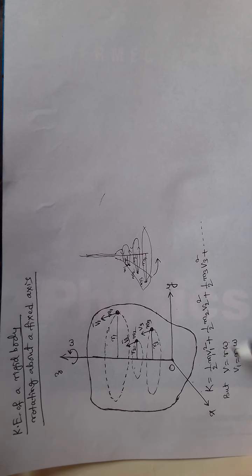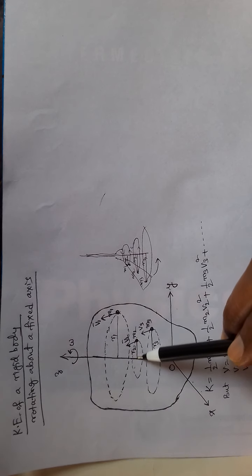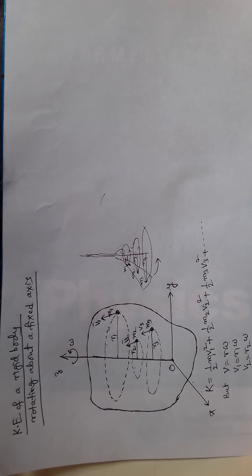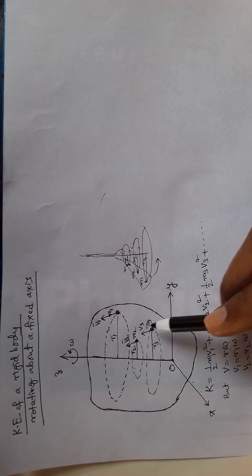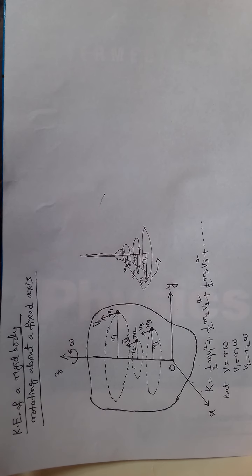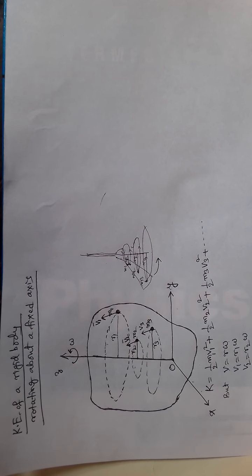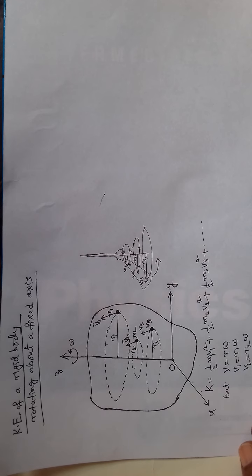Now, v2 means r2 omega. See, the m2 particle is at a distance of r2. Similarly, v3 is equal to r3 omega. So let us substitute these values in the equation.